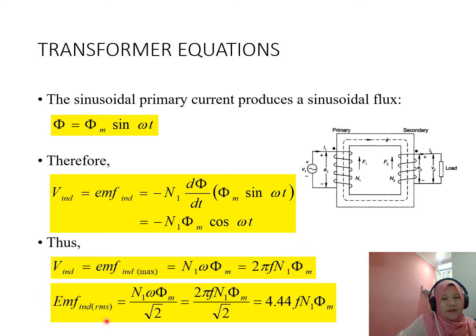And for the RMS value, we obtain this equation N1 omega psi m divided by square root of 2. So this will equal 4.44 times frequency times N1 times psi m.